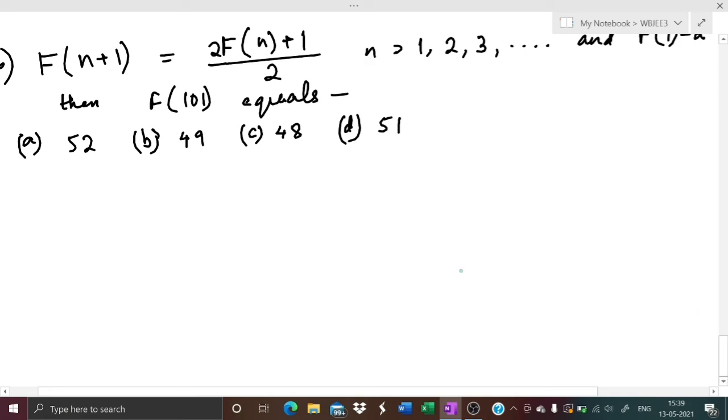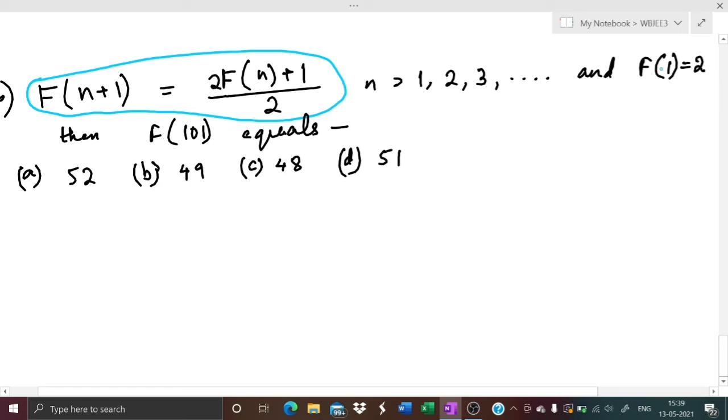A relation has been given like this between f of n plus 1 and f of n, and it is given that f of 1 is equal to 2, and you have to find the value of f of 101. For this kind of question, the approach should be like this.